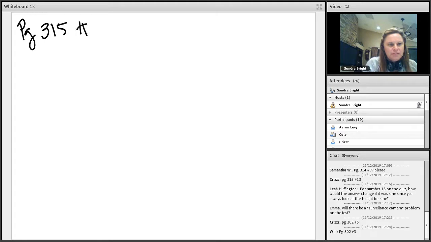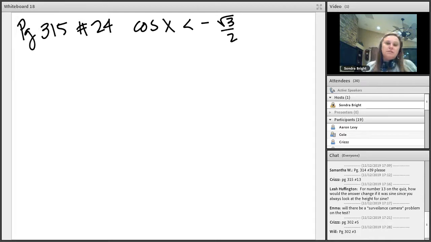Page 315, number 24, is cosine of x is less than negative root 3 over 2. This is when I really want to do this, right?